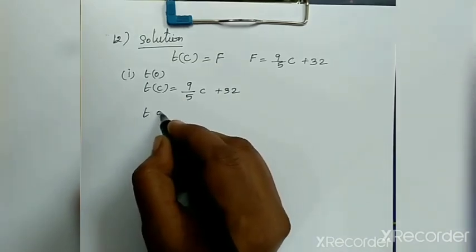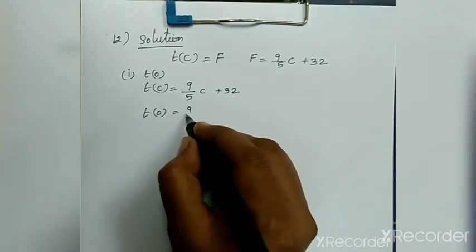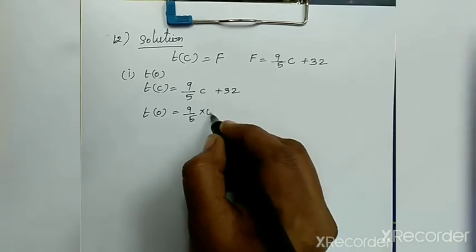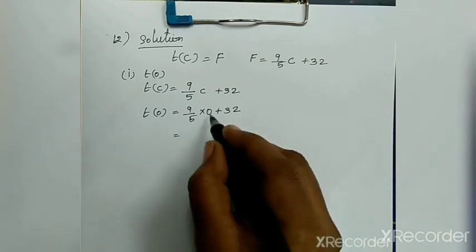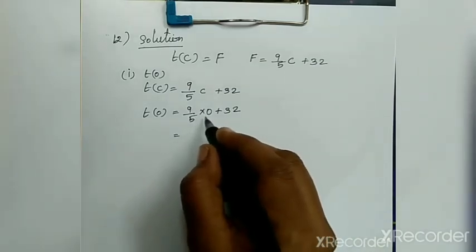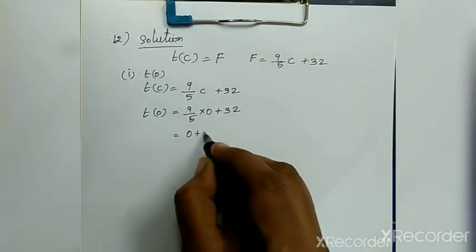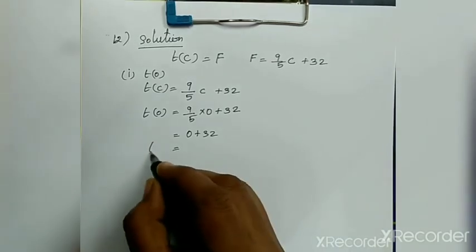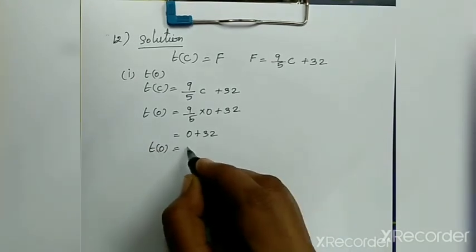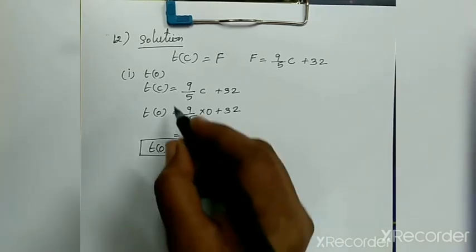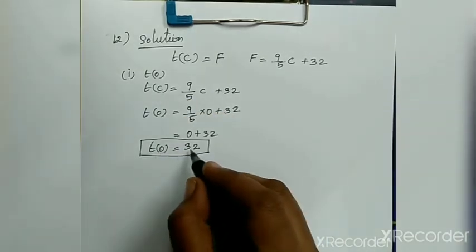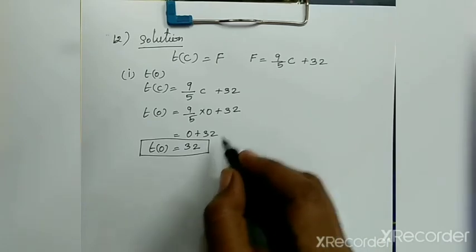So T of 0 equals 9 by 5 into 0 plus 32, and anything multiplied by 0 becomes 0. So 0 plus 32, and the value of T of 0 equals 32. So when the Celsius is 0, the Fahrenheit measurement will be 32.